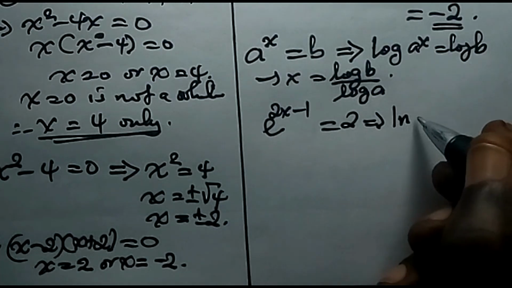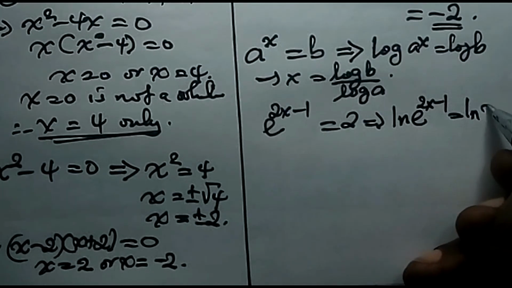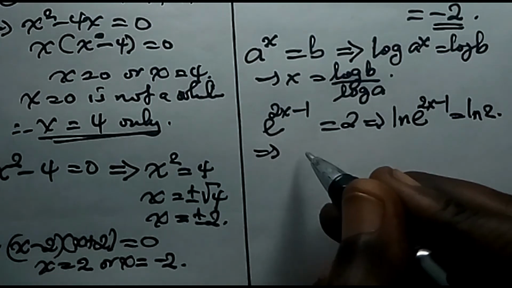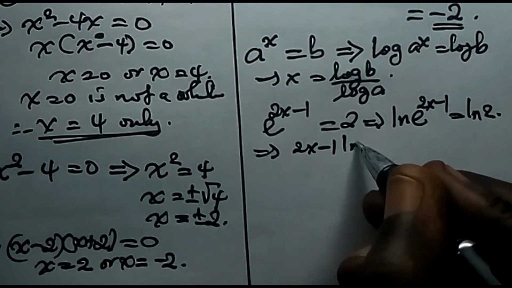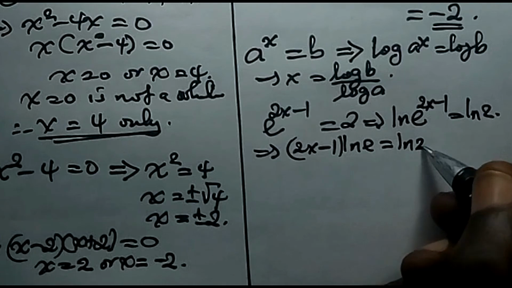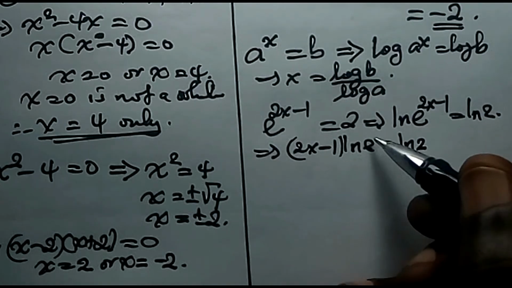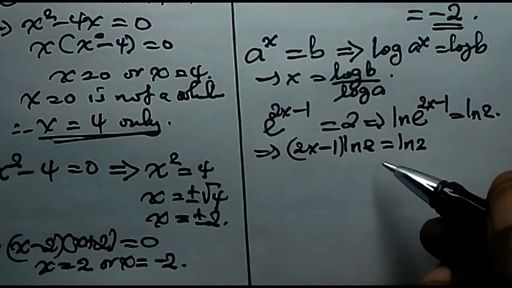That gives me ln of e to the 2x minus 1 equals ln of 2. And it would follow that 2x minus 1 ln of e equals ln of 2. Ln of e is 1 because it's like log of e to base e, and log of a number to its own base is always 1.